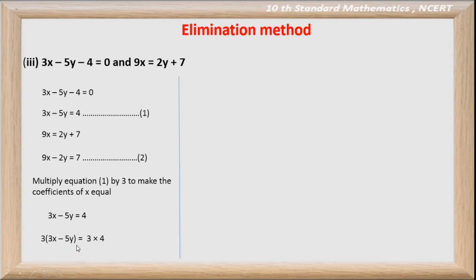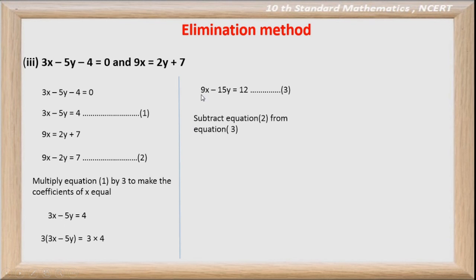So 3 into 3 is 9, minus 3 into 5 is 15y, equal 3 into 4 is 12. So we will get the equation 9x minus 15y equal 12. Make this equation 3. Now add or subtract the equations for eliminating one variable. See here, I am going to subtract equation 2 from equation 3.